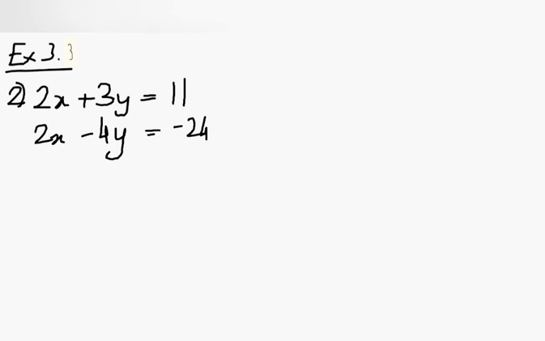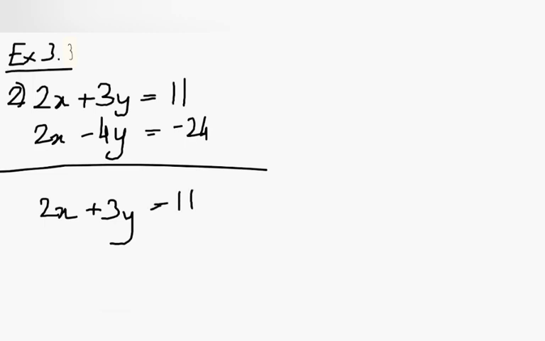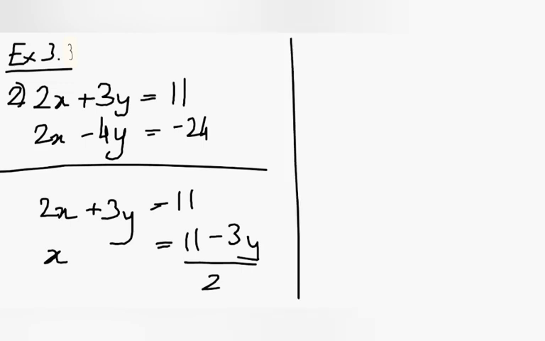So 2x plus 3y is equal to 11, and therefore x is equal to 11 minus 3y upon 2, because 3y is plus here, so it went there and became minus, and 2 is multiplied here and there it is divided. I skipped a step, so don't get confused.